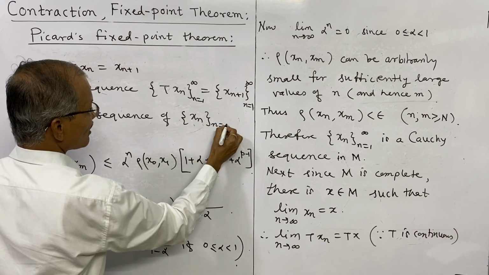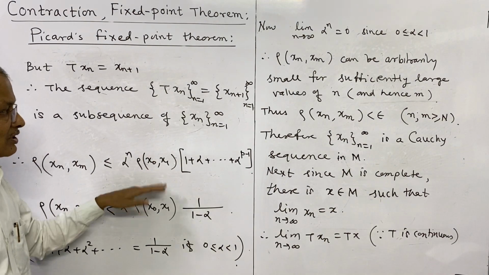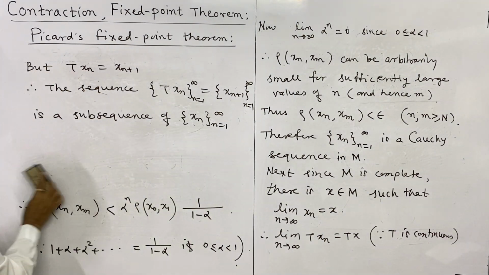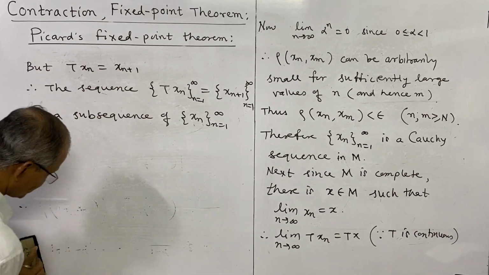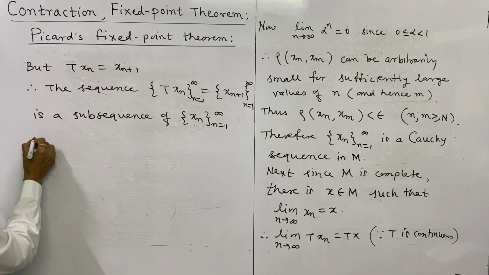And because xn is convergent, converges to x, the subsequence must also converge to x.